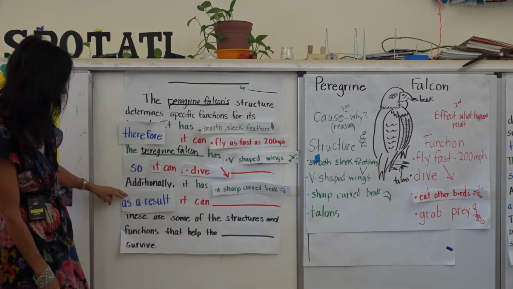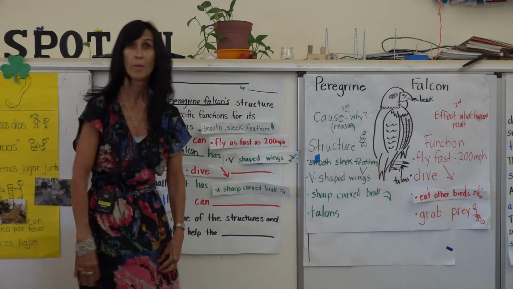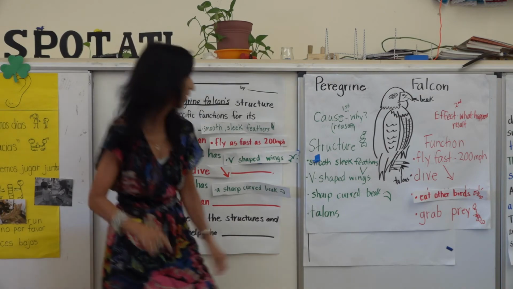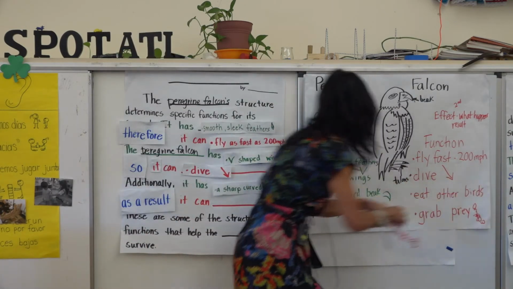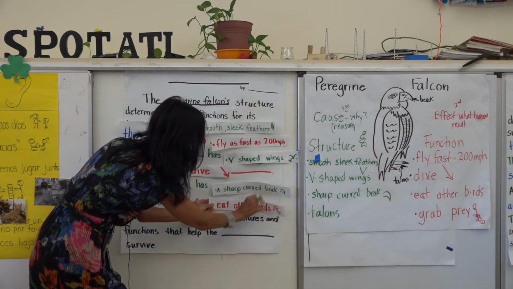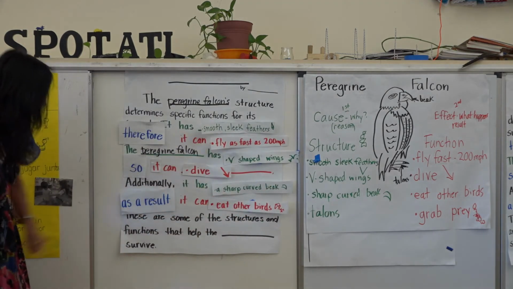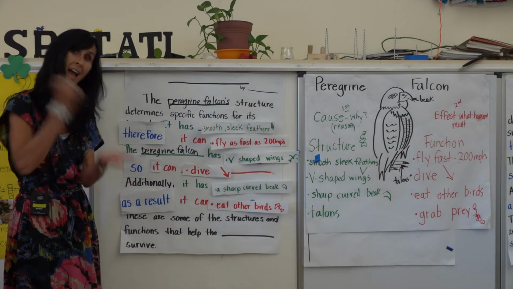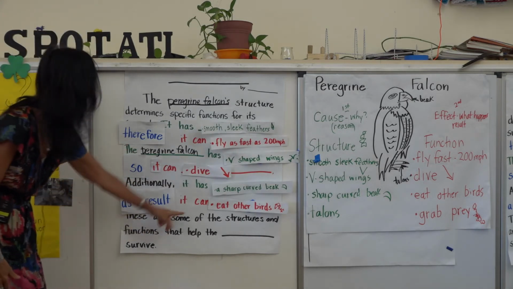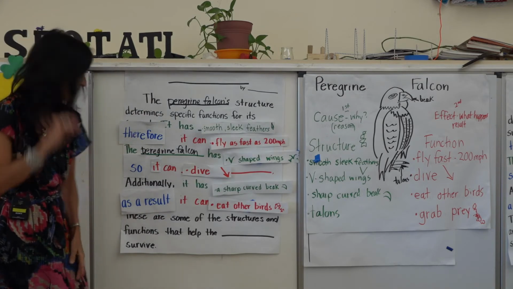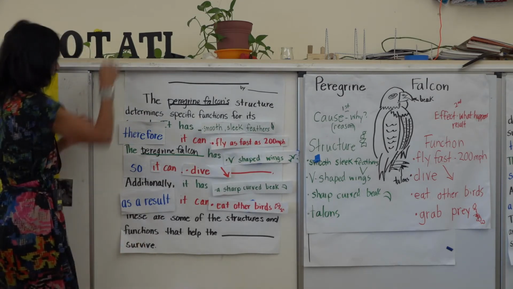As a result, it can, you remember, eat other birds. Cause and effect. These are some of the structures and functions that help the, remember what we're talking about? Peregrine falcon survive.